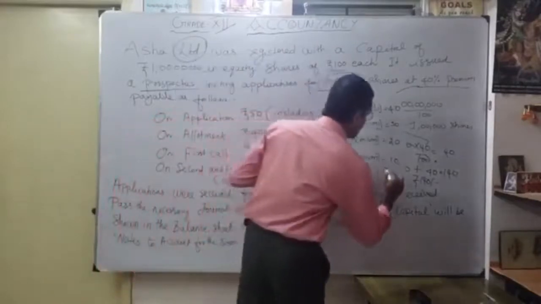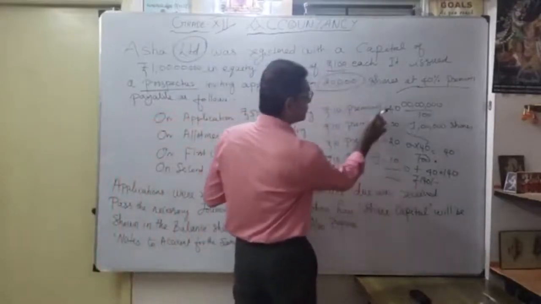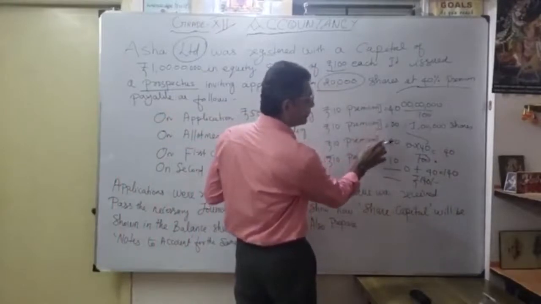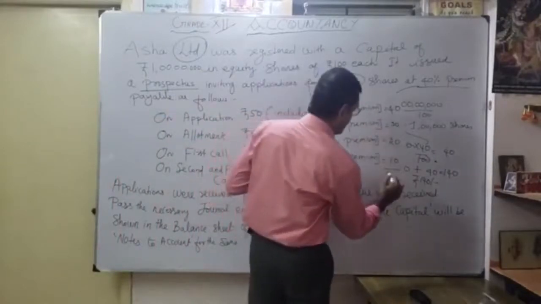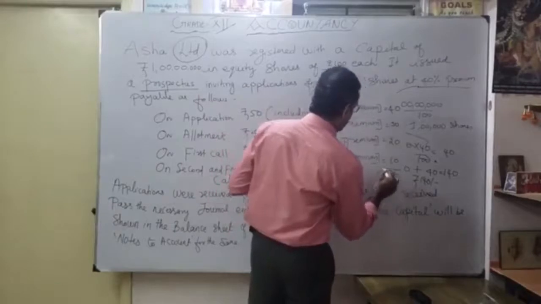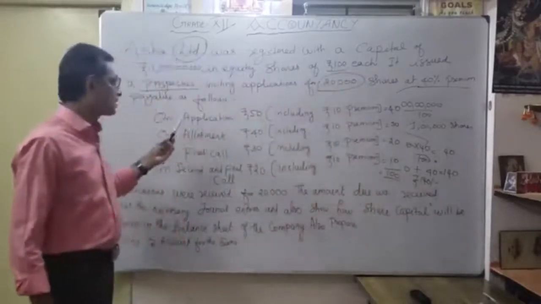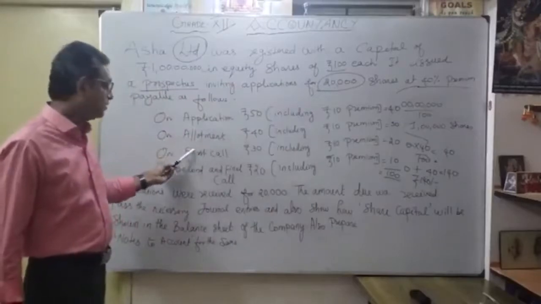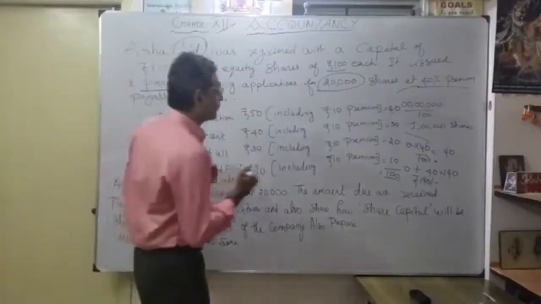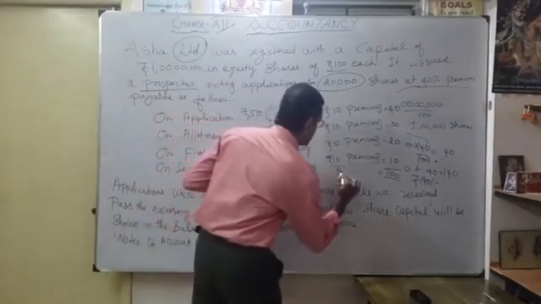Now I total this: 40 plus 30 is 70, plus 20 is 90, plus 10 is 100. The premium across application, allotment, first call, and second and final call totals 40 rupees.